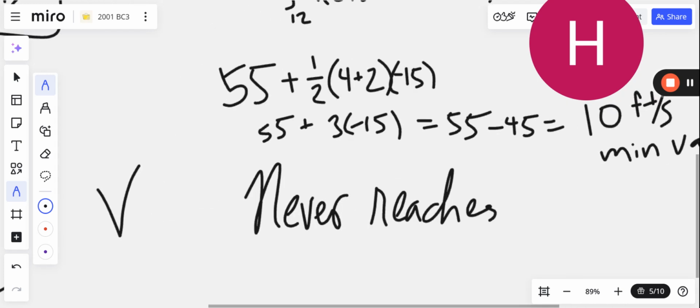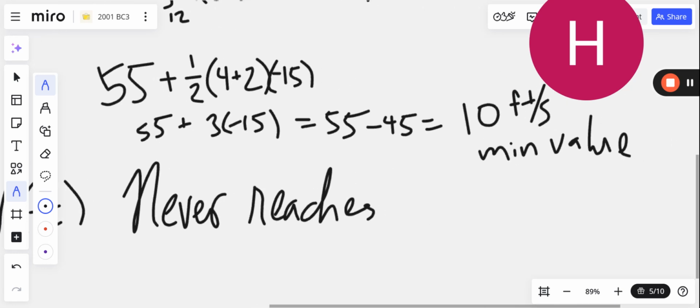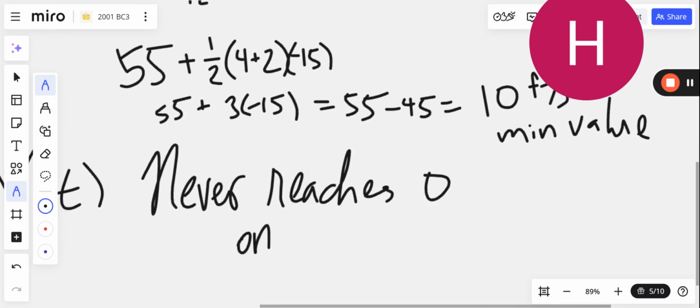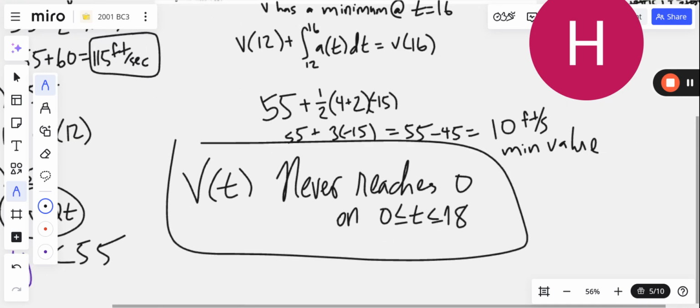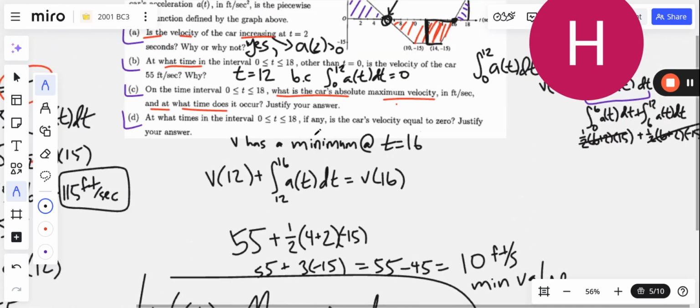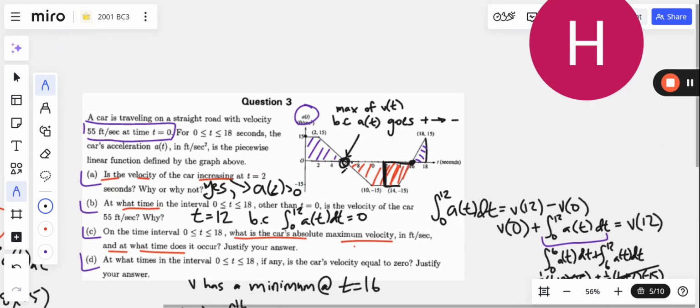I'll be even more specific: V of t never reaches 0 on that interval. Our justification is that even when it reaches its minimum value, it doesn't hit 0. That's pretty self-explanatory. If that's the lowest it goes, then it doesn't hit 0.